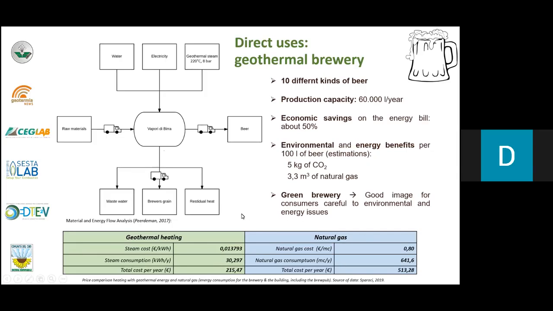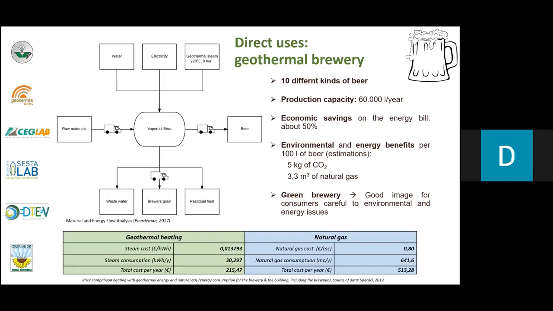We have two studies that prove these savings. Some years ago, we had a trainee in Cosvig who made a deep study on energy consumption and on costs of this geothermal brewery.